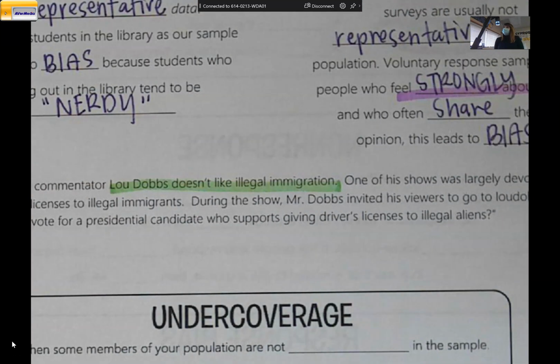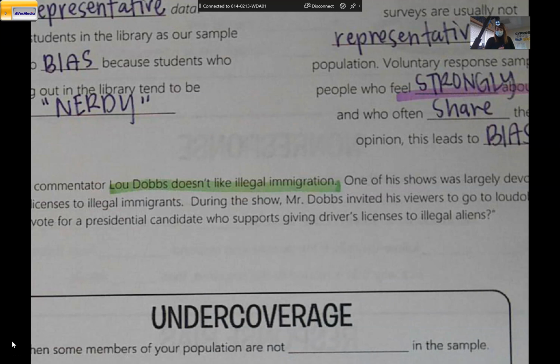One of his shows was largely devoted to attacking a proposal to offer driver's licenses to illegal immigrants. During the show, Mr. Dobbs invited his viewers to go to loudobbs.com to vote on the question, would you vote for a presidential candidate who supports giving driver's licenses to illegal aliens?